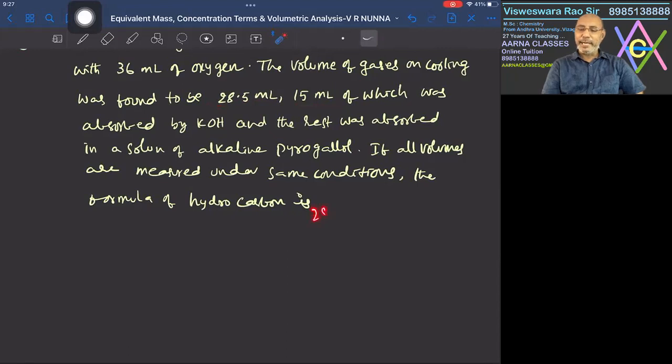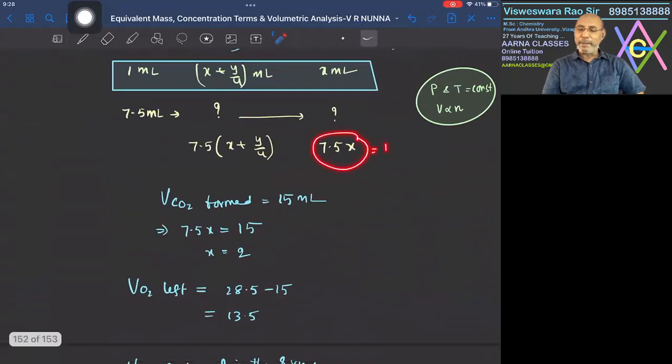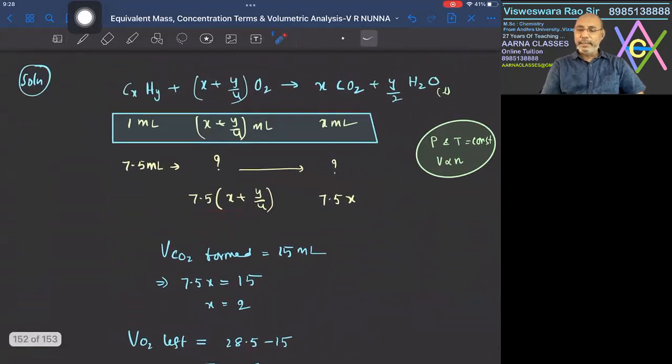The remaining 28.5 minus 15, that is 13.5, is absorbed by alkaline pyrogallol. This must be oxygen. So you already calculated carbon dioxide as 15 ml. Sorry, how much carbon dioxide is formed here?